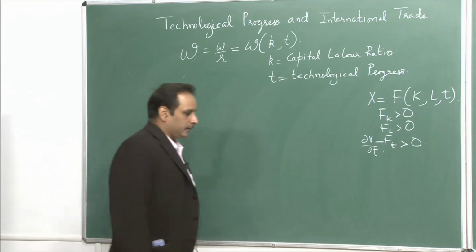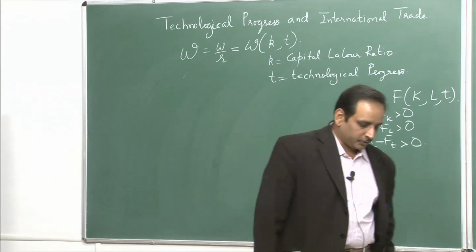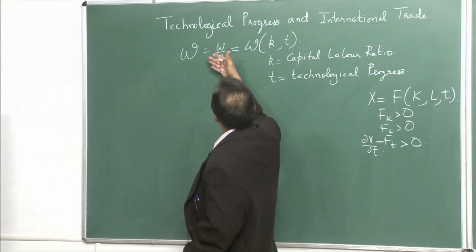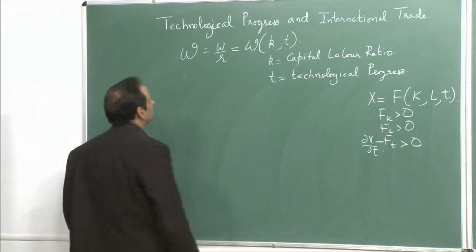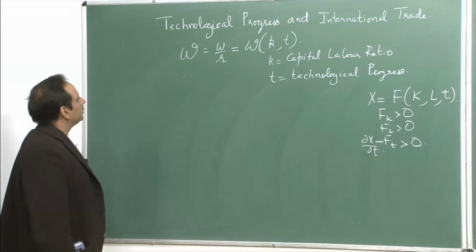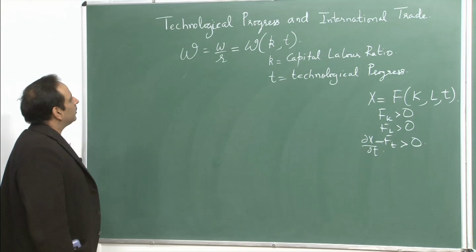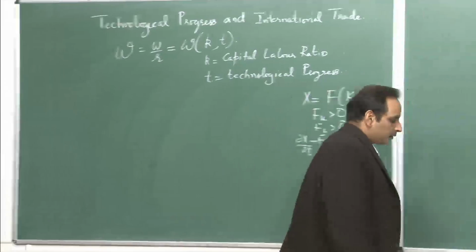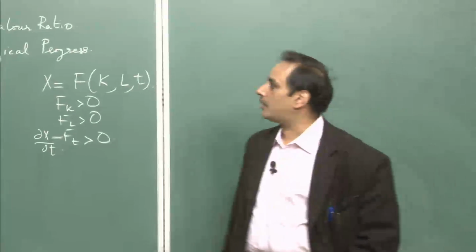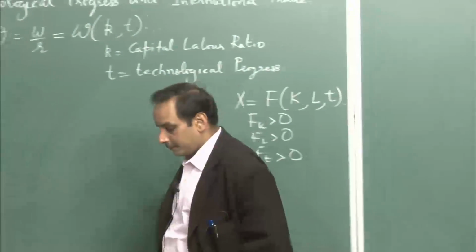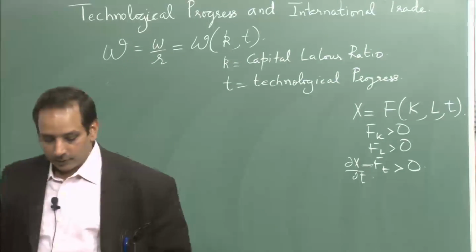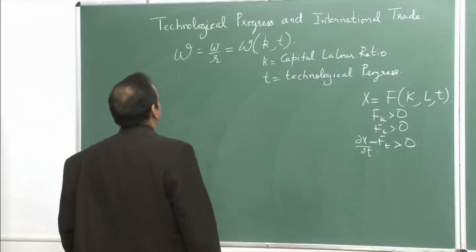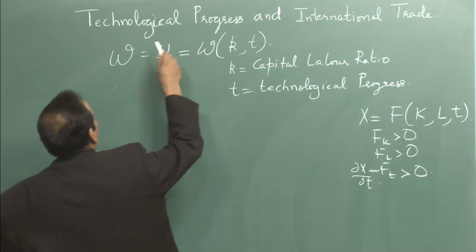because we saw that if the capital labor ratio changes, then it would mean changes in the relative wage rates, and if technological progress happens, then it would lead to less amount of use of labor and capital, leading to an increase in the marginal productivities of capital and labor, and therefore having an impact on omega.